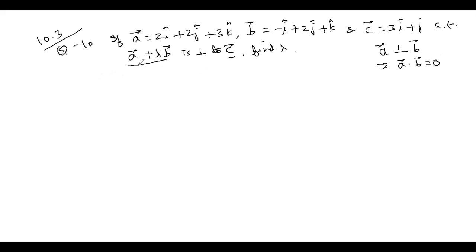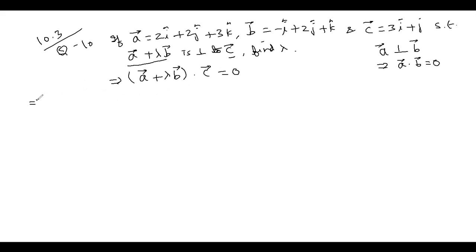So here, similarly, these two are perpendicular vectors, so we can write vector A plus lambda times vector B, dot vector C, is equal to 0.